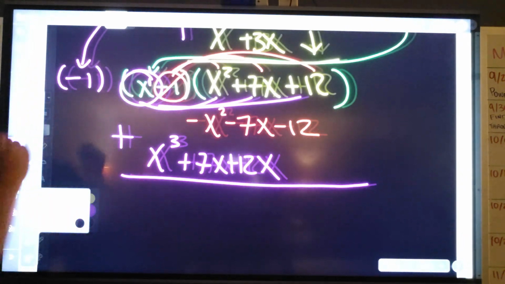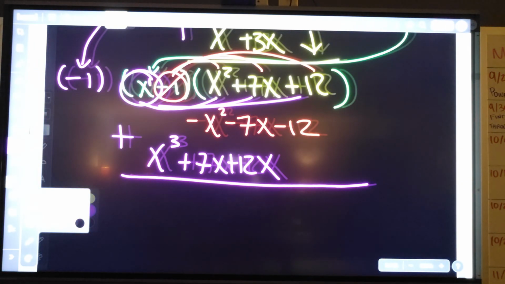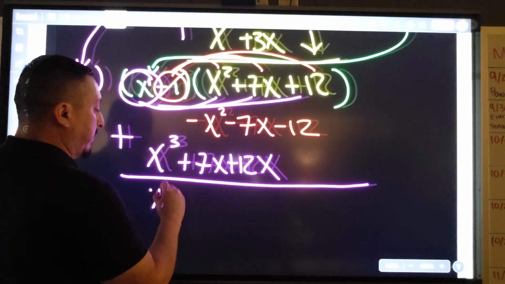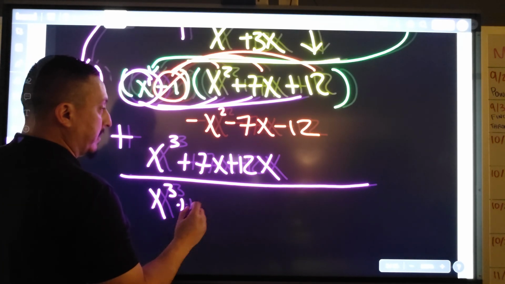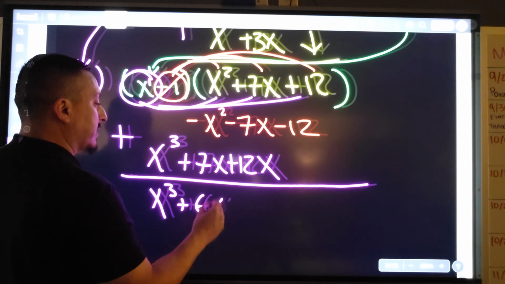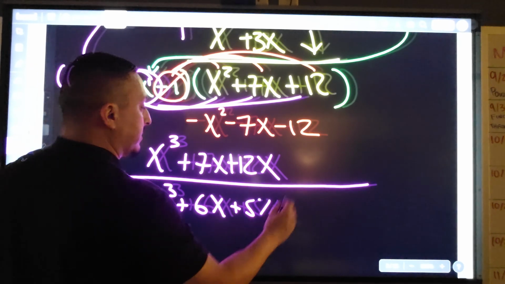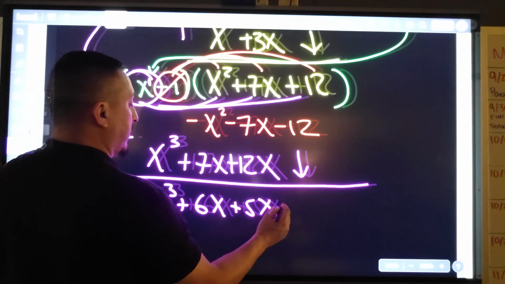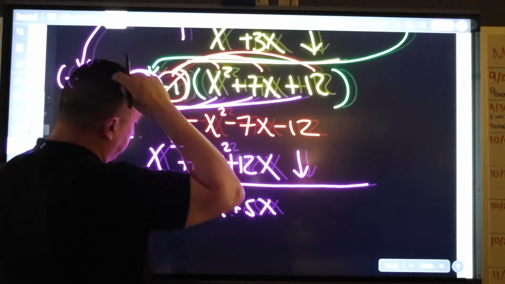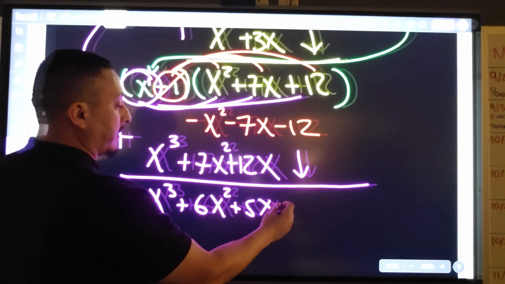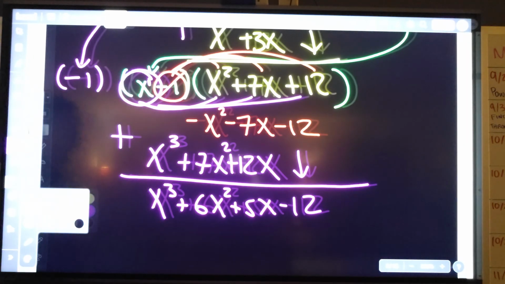Again, once you multiply, you add. So x cubed plus 7x squared plus 12x, oh yeah, squared, thank you, minus 12.